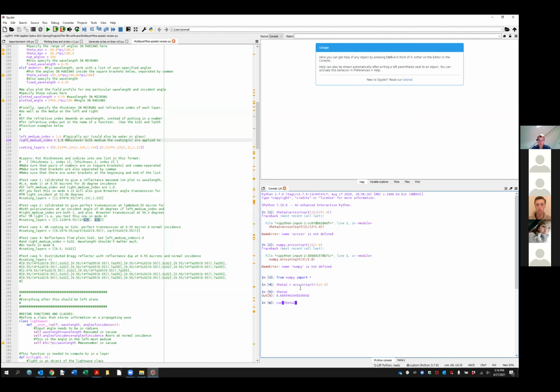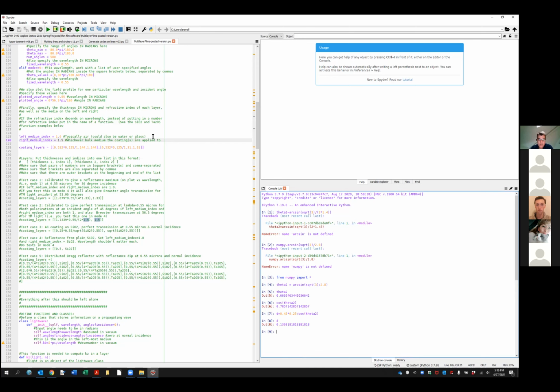Now let's do cosine of theta 2. All right, we get 0.785. So then we say d is equal to 0.43, that's our wavelength, times 0.25 divided by cosine of theta 2. 0.1368.